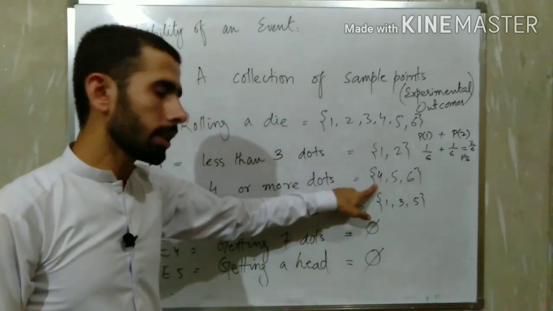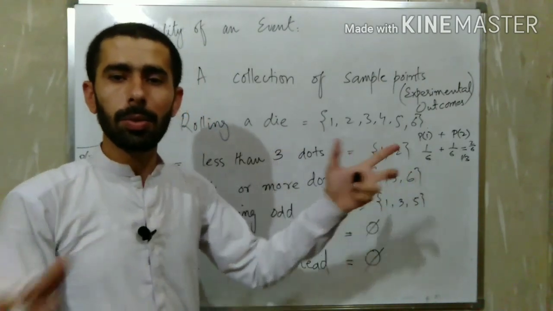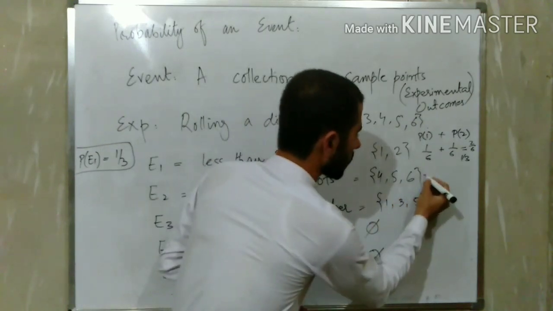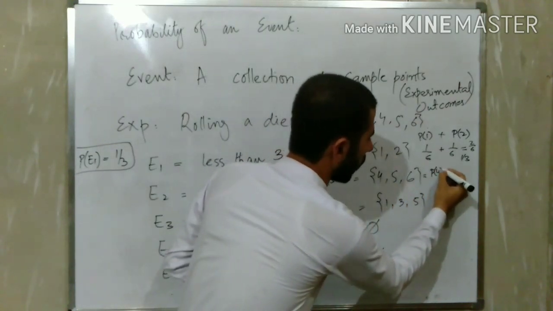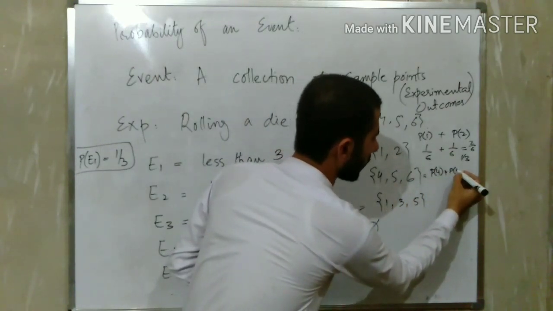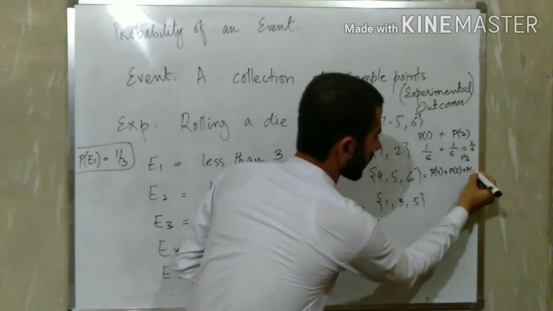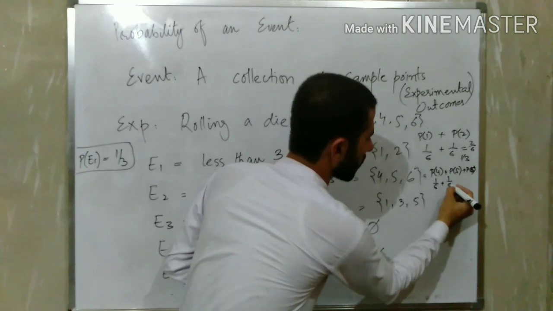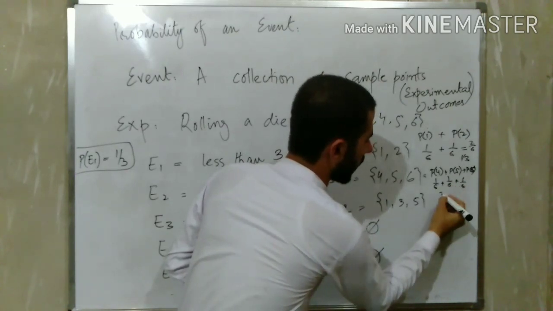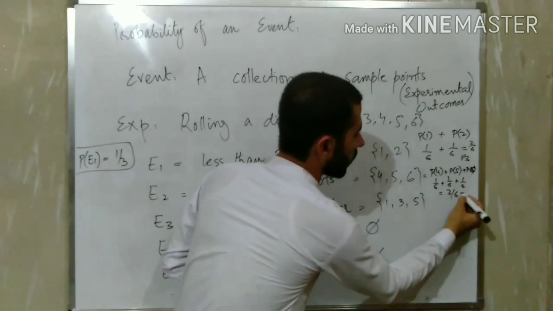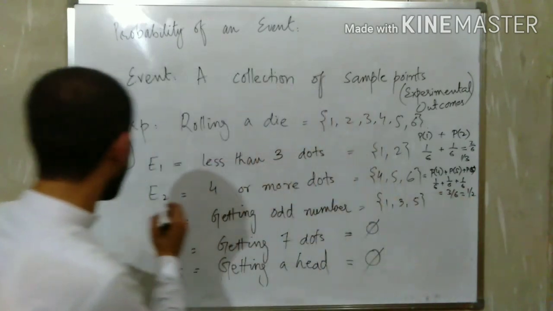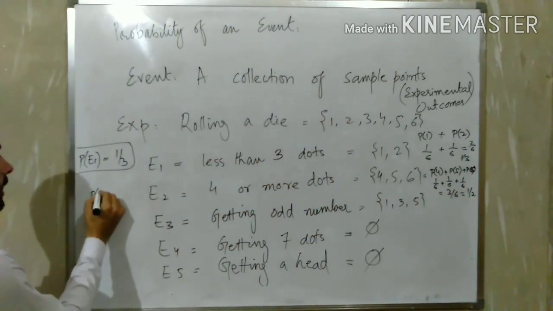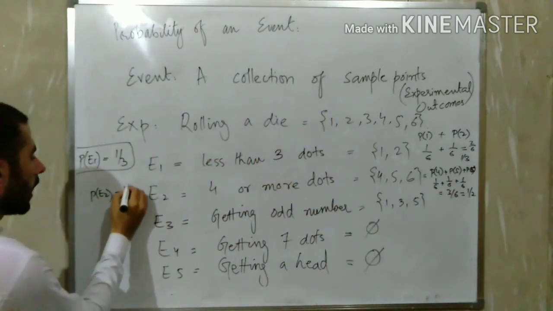Once we calculated all these 3 probabilities, we would sum them up. So this would be the probability of getting 4 plus the probability of getting 5 plus getting 6, and this would be 1/6 plus 1/6 plus 1/6, which would turn out to be 3/6, which is a half. So we would say that the probability of event 2 is a half.